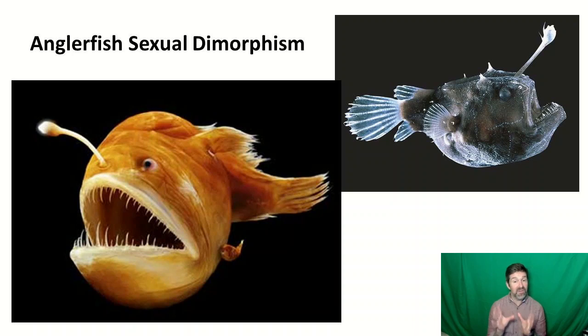Okay. So if you want to boil things down to sperm producers and egg producers, this is a great example. When a male anglerfish finds a female anglerfish and they mate, the male attaches to the side of the female and basically is absorbed by the female's body, and the testes are retained by the female to use when she needs.